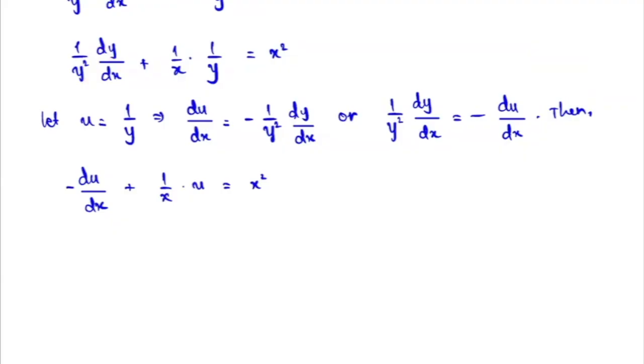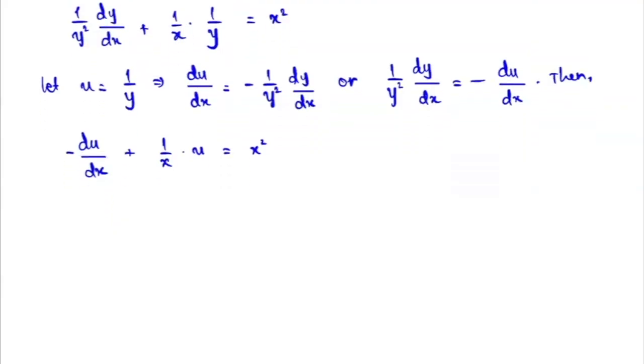Now this is similar to the form where you can use an integrating factor, but a few things to consider. First, multiply both sides of this equation by negative 1. You have du/dx minus 1 over x times u equal to negative x, and this is the transformed equation.